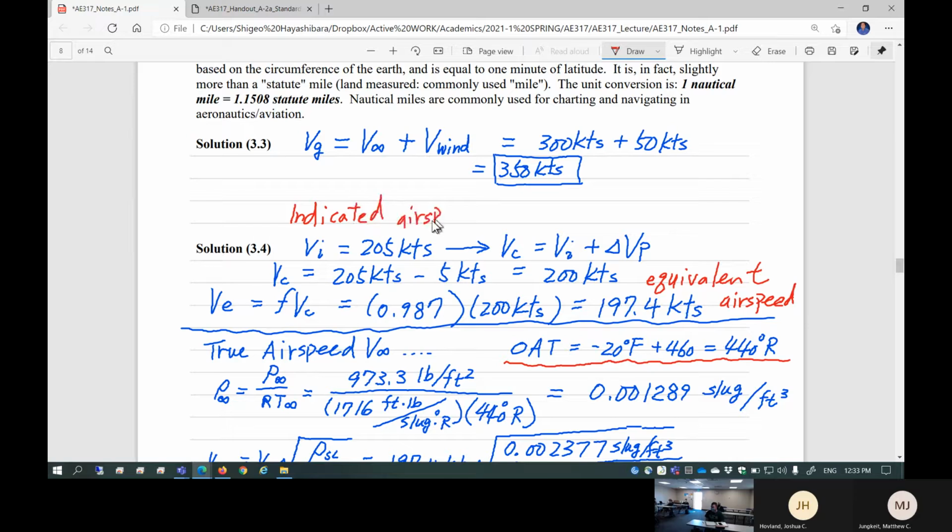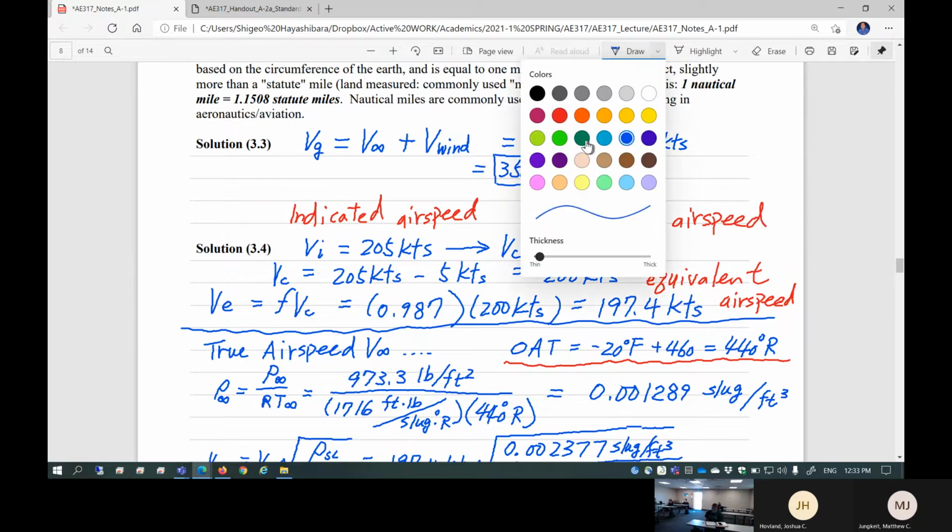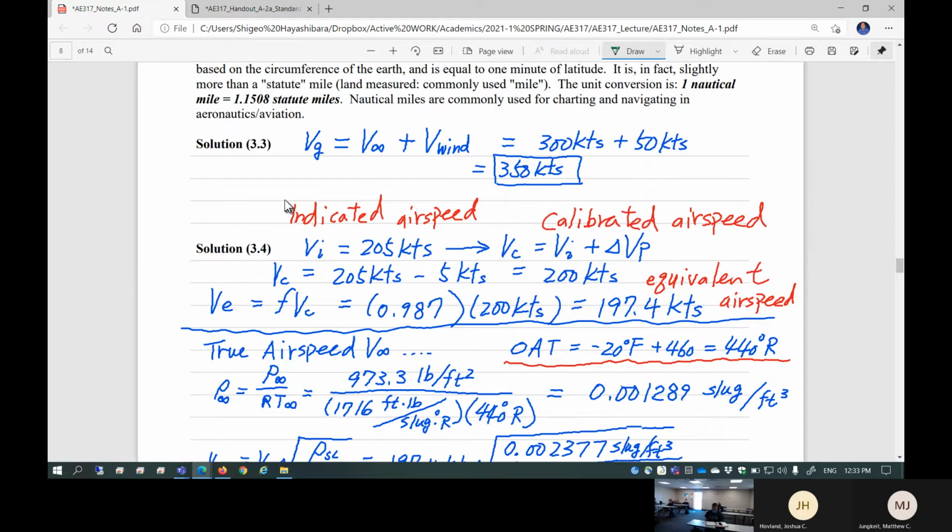Airspeed. This is calibrated. Airspeed. So you have to go through a step-by-step process, starting with indicated, I, then go to calibrated, C, then lowercase c, equivalent.